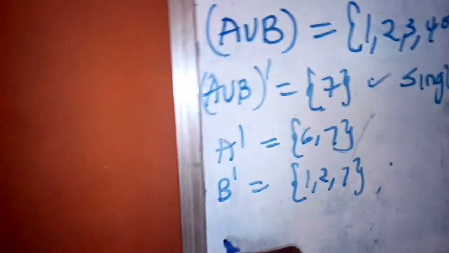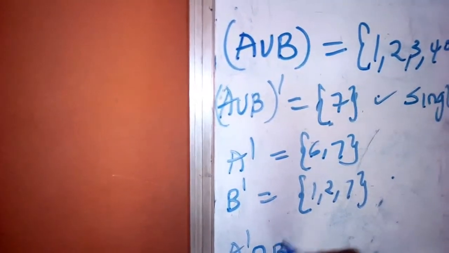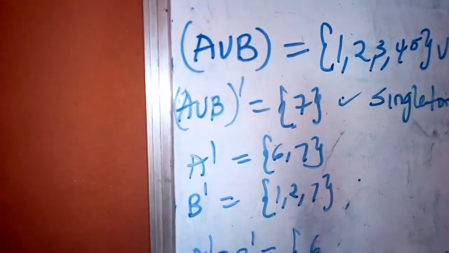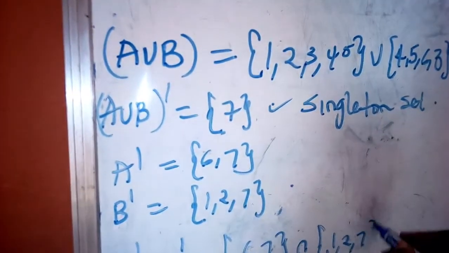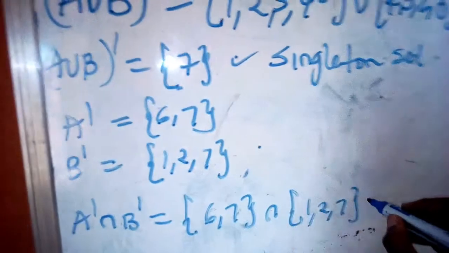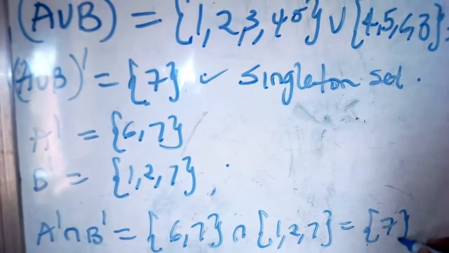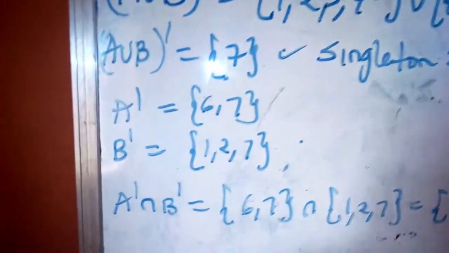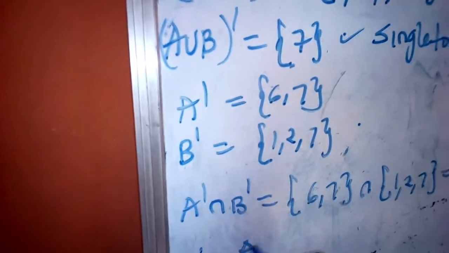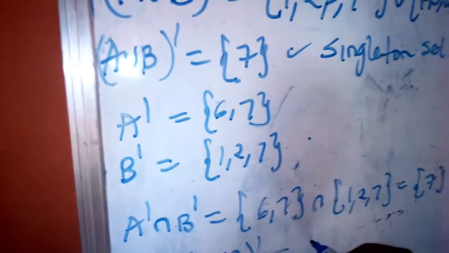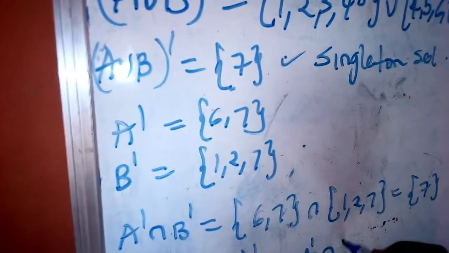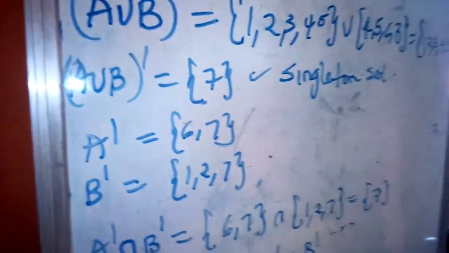So we want to find for this, which says A prime intersection B prime equals 6, 7 intersection 1, 2, 7. So what's common between both is 7. We arrive at this. So therefore A union B complement equals A complement intersection B complement.